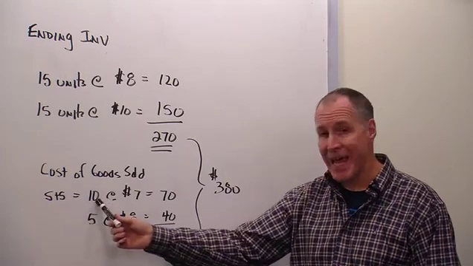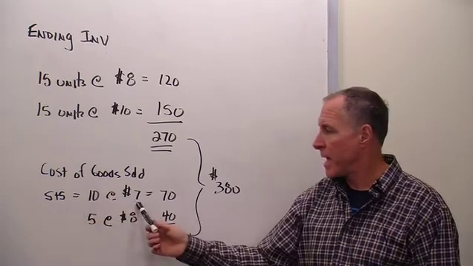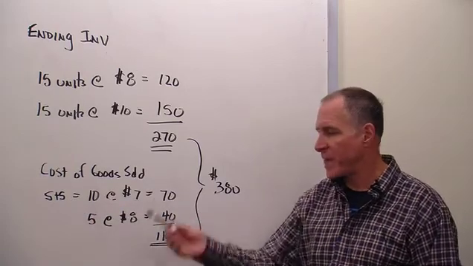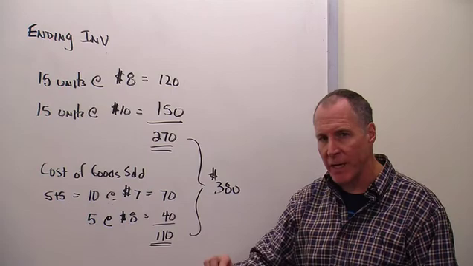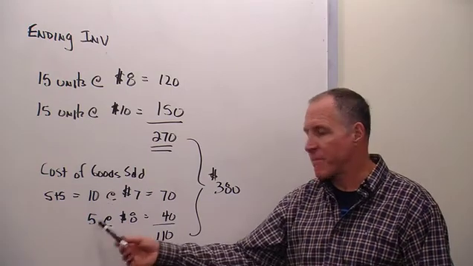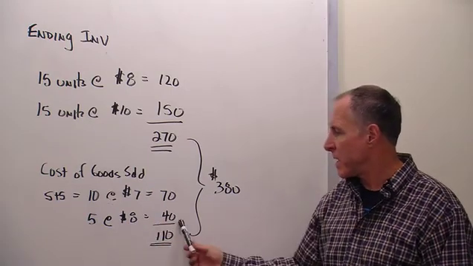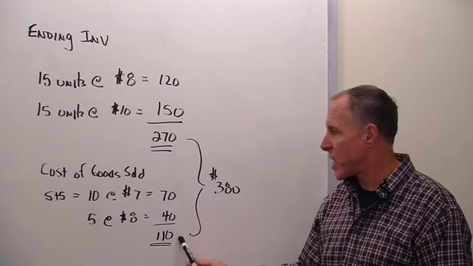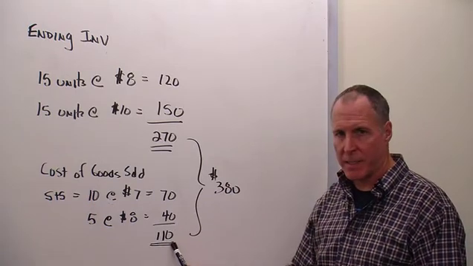So now I have 10, 5 and 5, and they're all at 7, so that's $70. And then the second sale, 5 of those units came from the second acquisition at 8, or $40. So my cost of goods sold is 110.